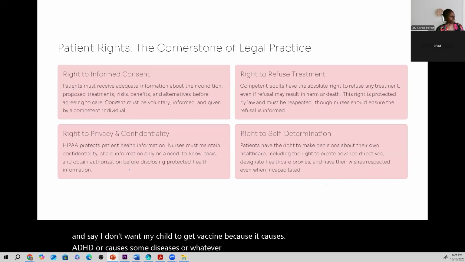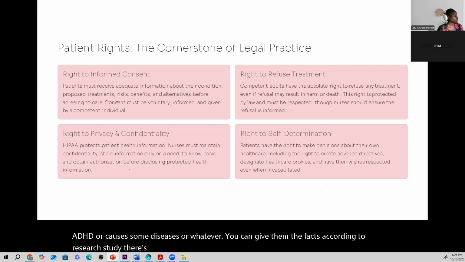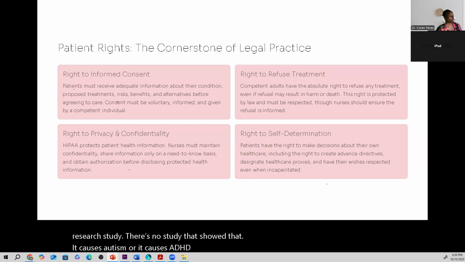You can give them the facts. According to research, there's no study that showed that it causes autism or ADHD. And if you tell the patient that and they still refuse, you can't force them. They have the right, especially if they're alert and oriented.